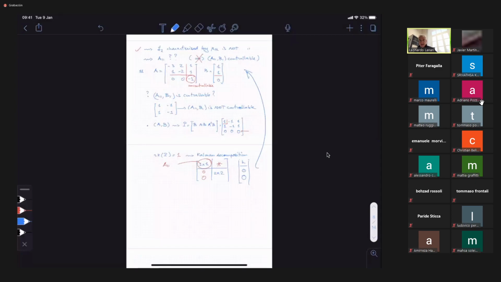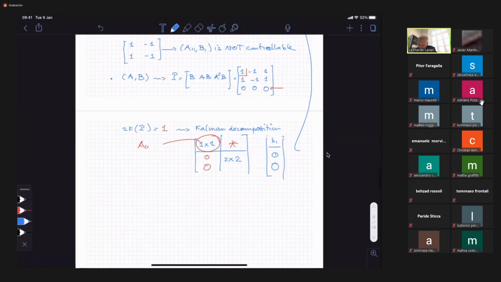It's not automatic, but given this structure, the original structure, we have the A11 B1 block, which is fully controllable. You need to check this. If you get there through the decomposition, it's guaranteed that A11 B1 is controllable, but not otherwise.